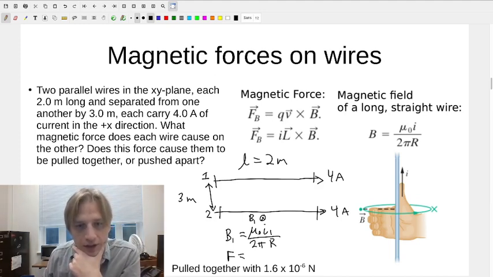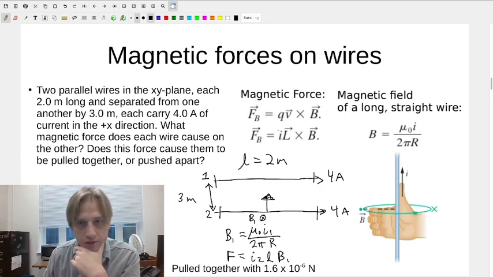Okay, and then the force is going to be related to the current times the length times the magnetic field. So that force that's acting on this wire 2 is going to depend on the current of wire 2, the length of that, so that would be 2 meters here, times B1.